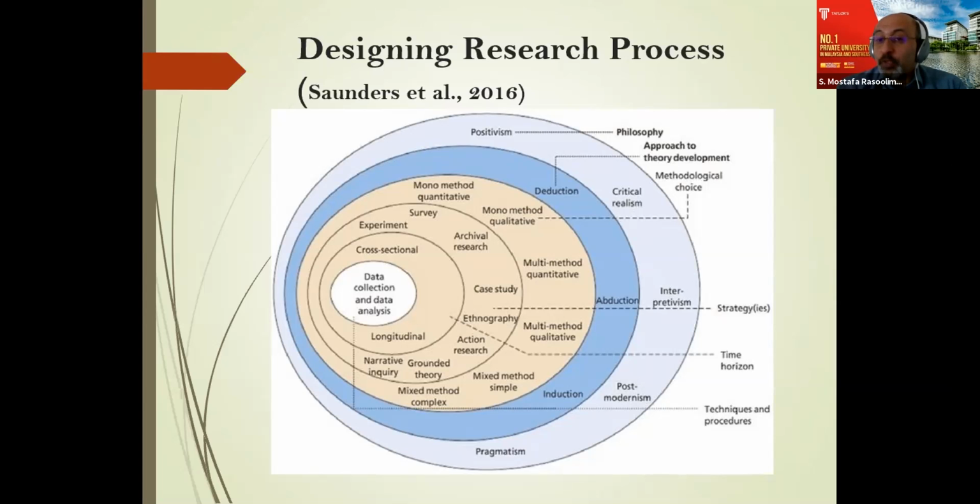And here we need to discuss the appropriateness of mixed method connected to our research question, right? And then after we identify our research method, we have to explain and identify our research strategy in this layer.